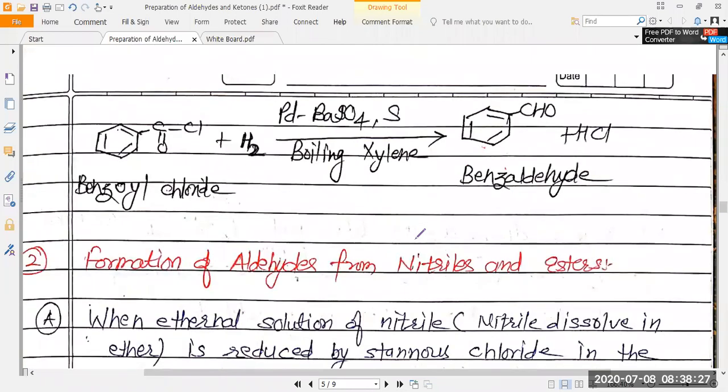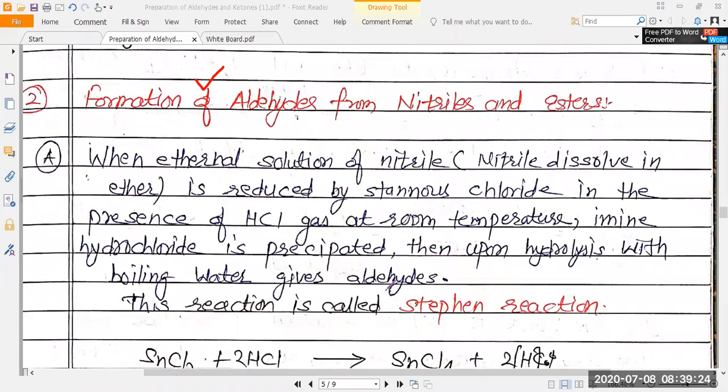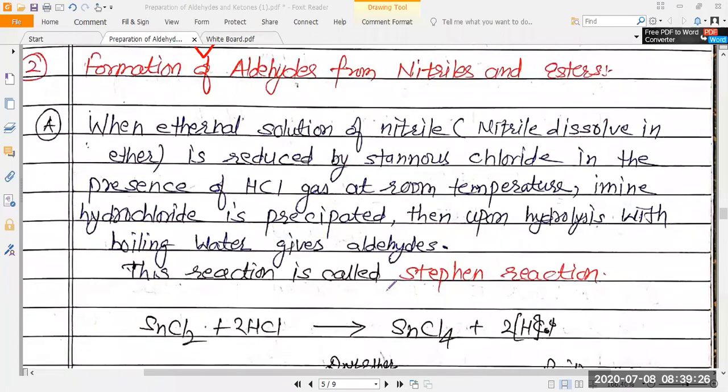Now we are going to start formation of aldehydes from nitriles and esters. In these reactions we are going to see how to form aldehydes from nitriles. In the first method, an ethereal solution of nitrile is taken.